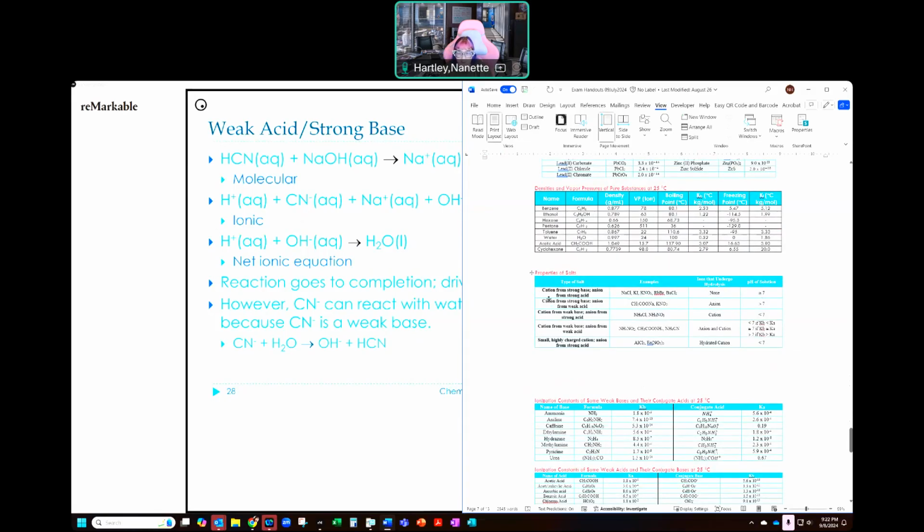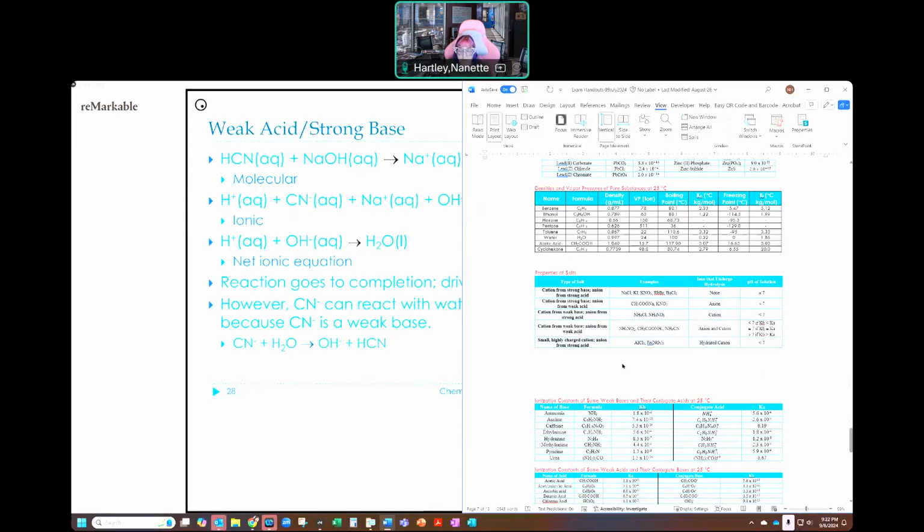But if the cation from a strong base and the anion from a weak acid, which is what we were just talking about, then we have to worry about that anion. That's CN minus. And the pH of that solution ends up being above 7, which is exactly what we're talking about right here. Okay, so that's something that eventually we're going to end up having to talk about.